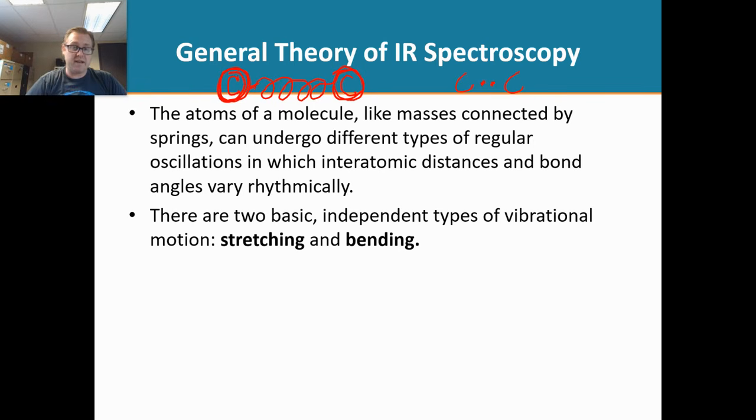And there's two basic terms. One is called a stretch, and one is called a bend motion. There's two types that we want to look at. Okay, and formaldehyde, we're going to look at a molecule called formaldehyde, and I'm going to show you the different stretches and the bending modes that formaldehyde can undergo.